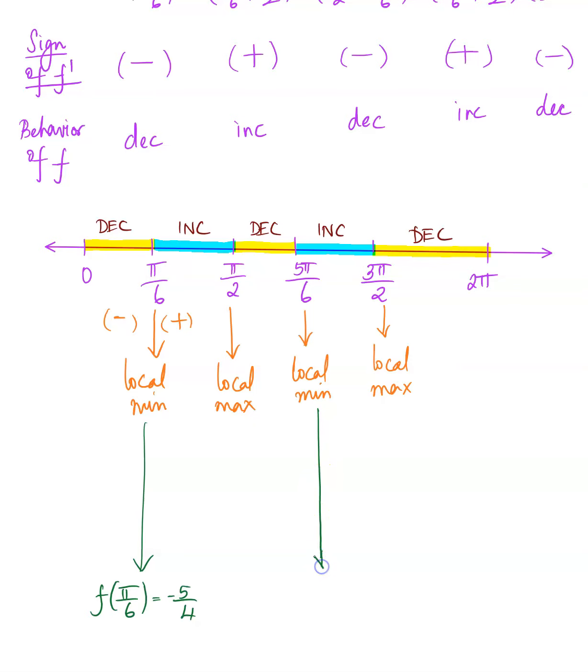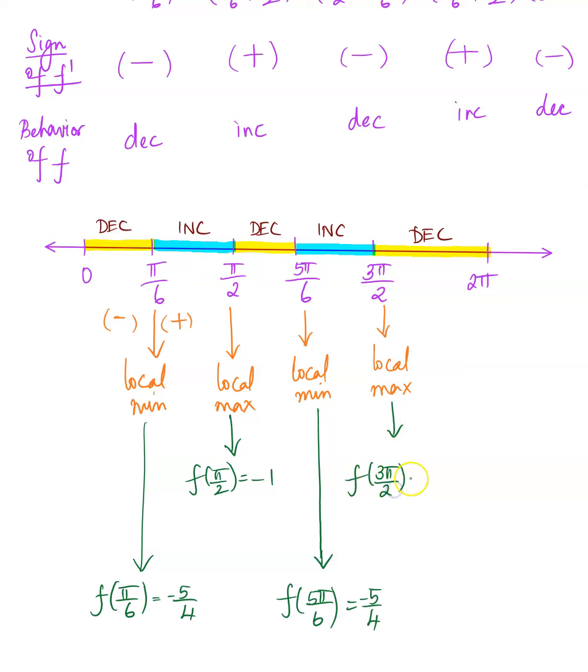So I'm going to keep all the mins together. F of 5 pi over 6. Compute this. That comes out to be negative 5 over 4. And local max, so f of pi over 2 is a negative 1.